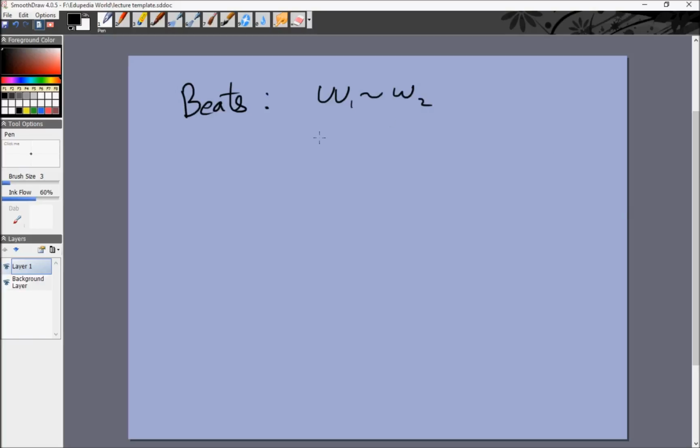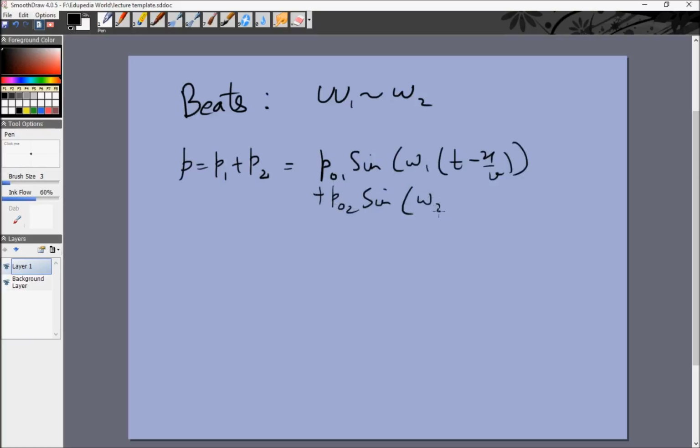right? So in that case, when we write P is equal to P1 plus P2, we can write it as P01 sine of omega 1 times (T minus x by V) plus P02 sine of omega 2 times (T minus x by V). Right.